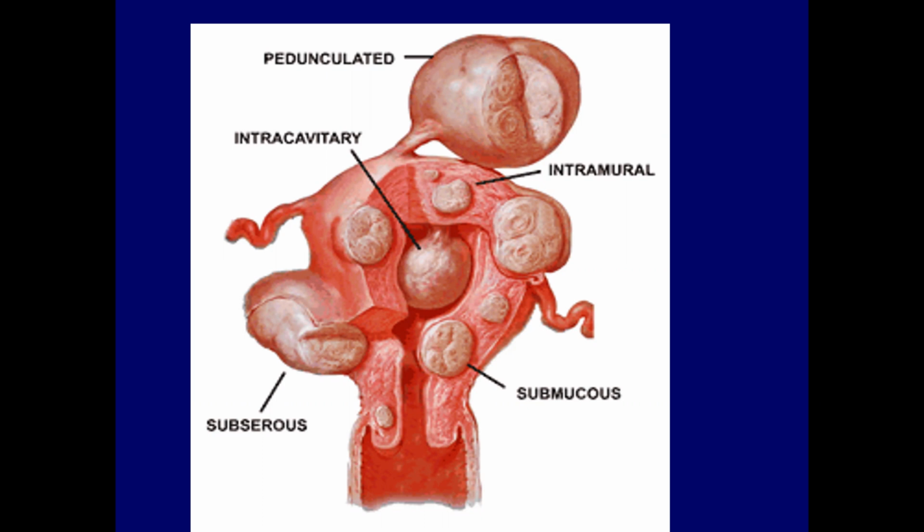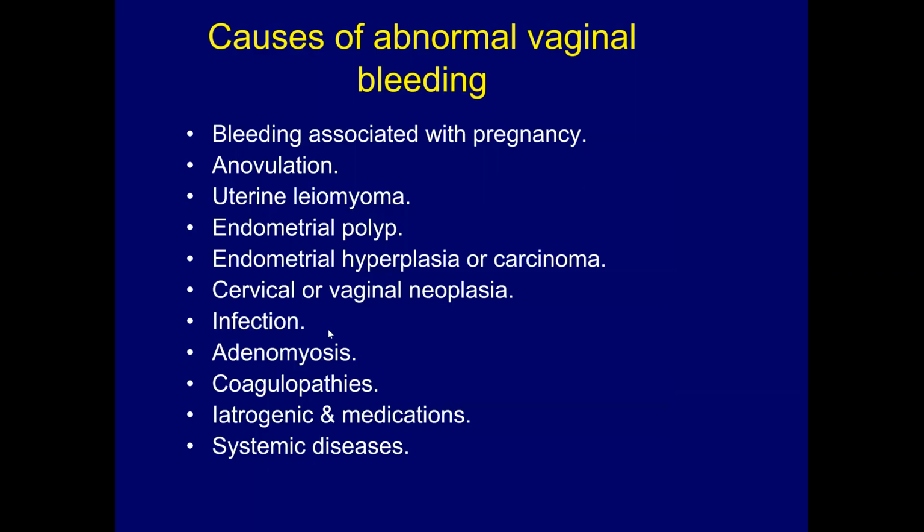Number one, if they are inside the cavity, like intracavitary, they prevent a normal contraction, and at the same time, they give a higher volume of endometrium to bleed. The same for the others. Their presence prevents a normal contraction of the uterus and makes the size of the uterus bigger, so it gives a higher volume of endometrium and a higher volume of bleed.